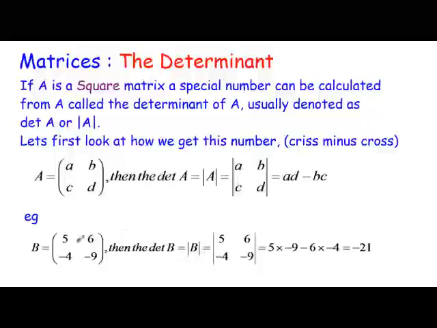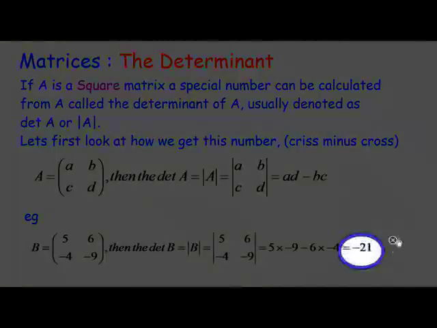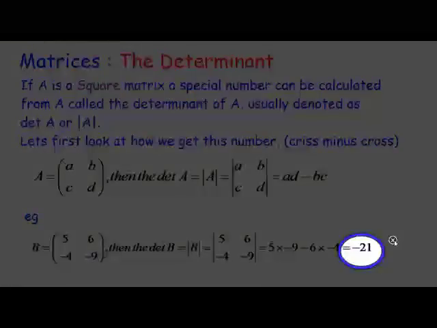Here's an example. Let's have a quick look. 5 times minus 9, minus 45, minus 6 times minus 4, obviously is plus 24, so it's minus 45 plus 24, minus 21. So that is, if you like, the determinant of the matrix B. Let's see if I can actually make this a bit bigger. Move it across. Here we are.